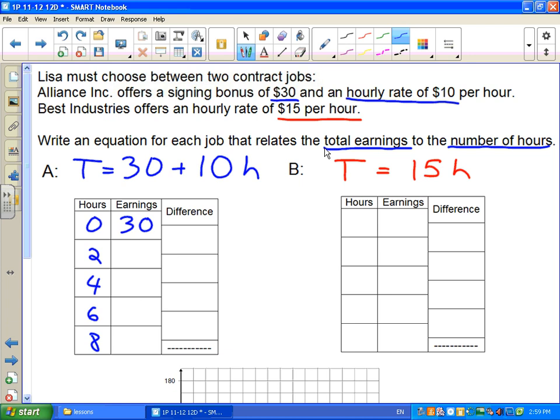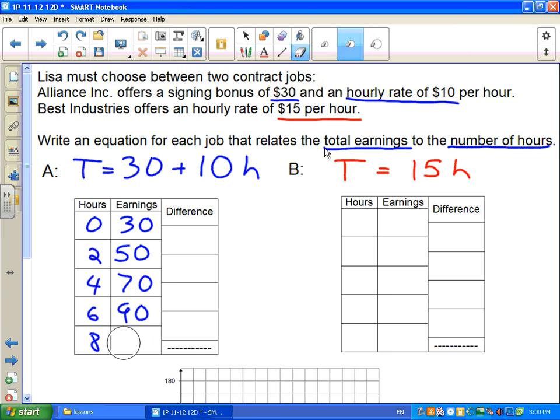If she works 2 hours, she gets that $30 plus $10 for each hour, so that's another $20, which would be $50. If she works 4 hours, she makes another $10 for the third hour, another $10 for the fourth hour, so that's up to $70. Now we can see the trend here: $90, and $110 if she works 8 hours.